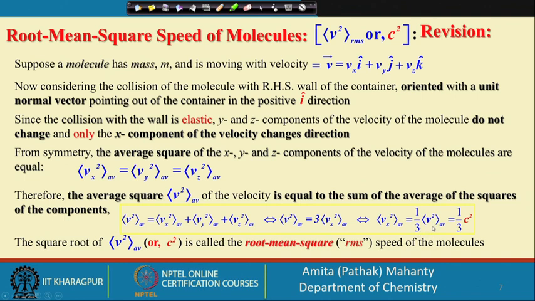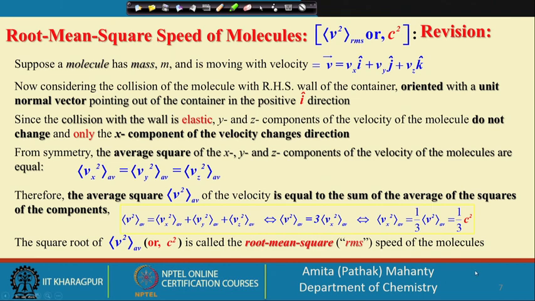This average velocity square is what we are talking about, the root mean square, and sometimes it is referred to as C in some textbooks. So, please do not confuse: this is actually the average velocity which we are looking into, but we call it root mean square velocity because we take the exact meaning of the term. We are going to take the square root of the mean of the squares of the velocities of the molecules.